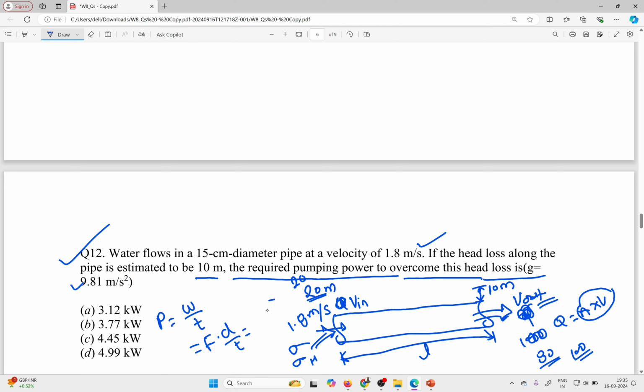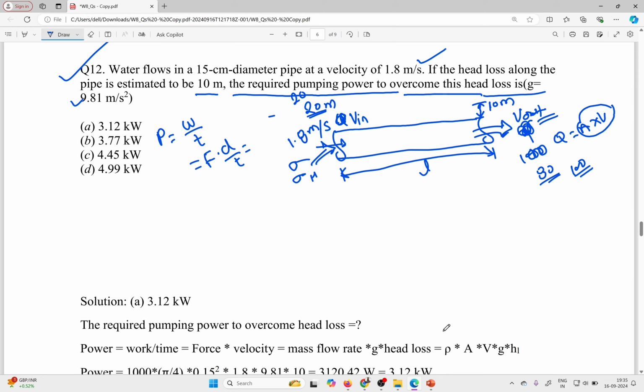If I convert this formula for fluid, it will be force into velocity, because distance by time is velocity. And what is force? In case of fluid, it is mass flow rate into g. You know already force is equal to mg.